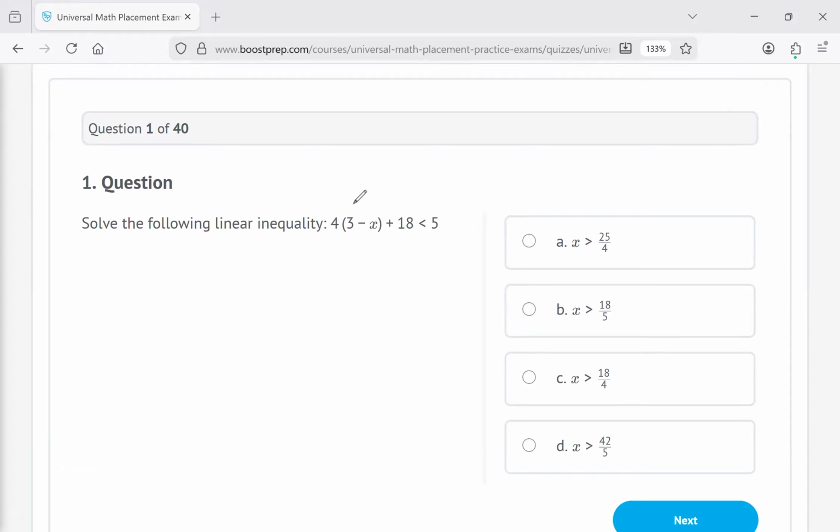The first thing I'm going to do is check if there's anything you can do inside the parentheses, 3 minus x. No, we can't. So then what I'm going to do is FOIL out this 4 because of the order of operations, PEMDAS.